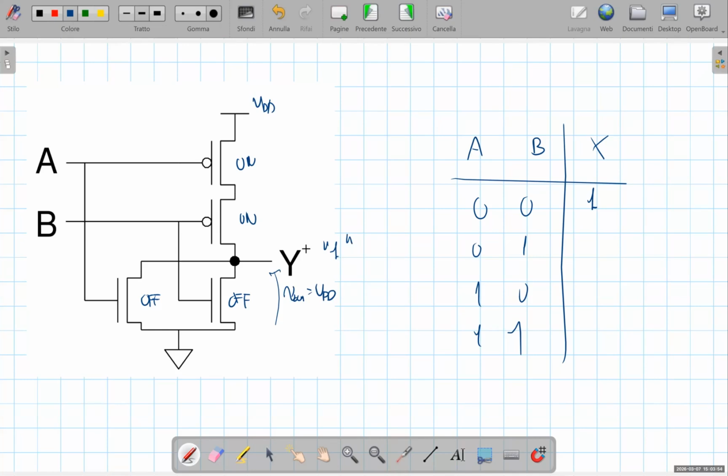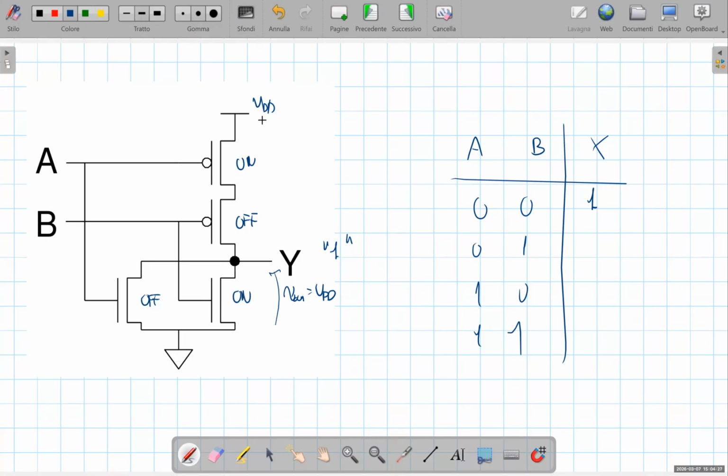On the other hand, when we have, for instance, A equal to 0 and B equal to 1, one of the PMOS transistors is on, the one connected to A, and the one connected to B is off, while the NMOS transistor driven by the signal B is on and the other is off.